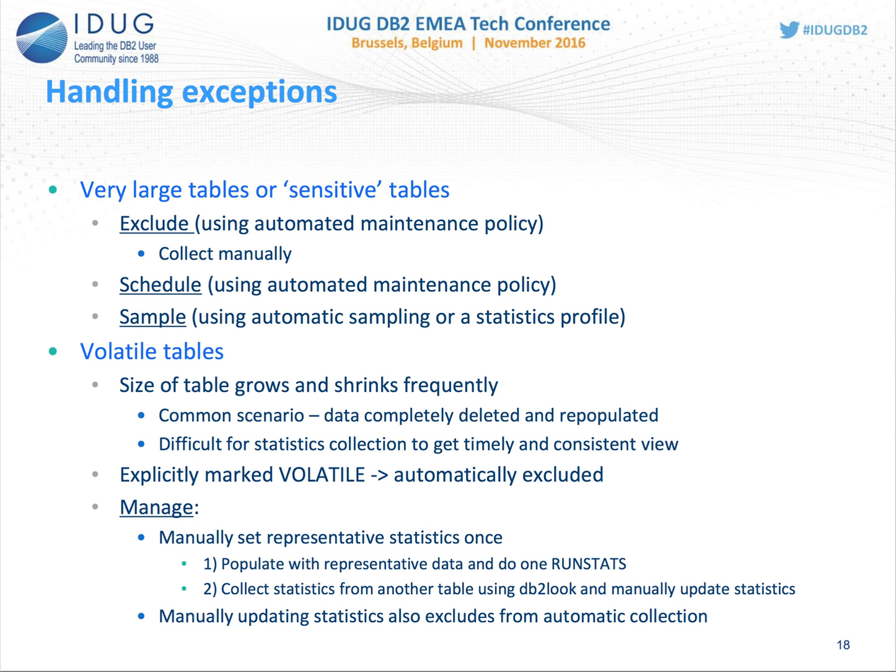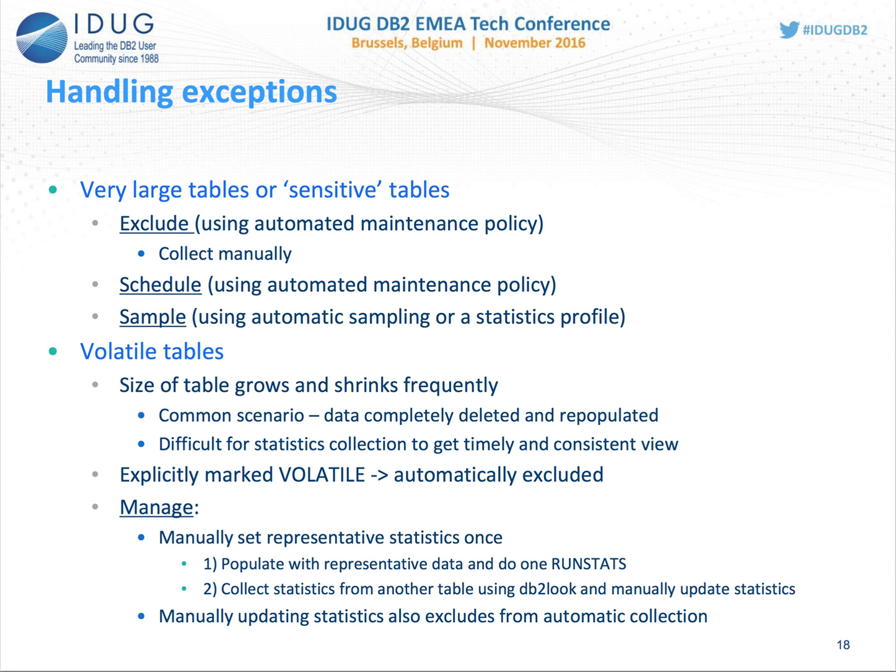I'll show that on the next page. So there's two things you can do. You can schedule when auto runstats occurs, so you can set a maintenance window with this policy, and you can also specify exactly what tables are not to be included with auto runstats, and then those ones you would just collect stats manually.